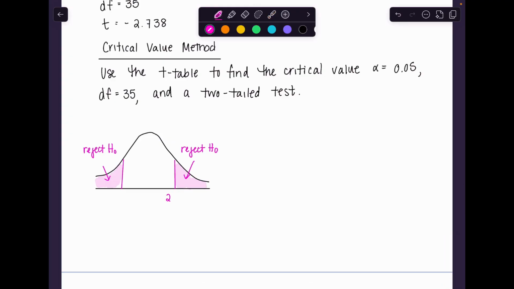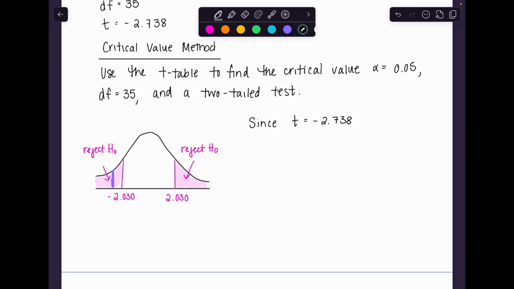This is positive 2.030, and this other one is negative 2.030. So our test statistic, t, is negative 2.738. That does fall in the rejection region.